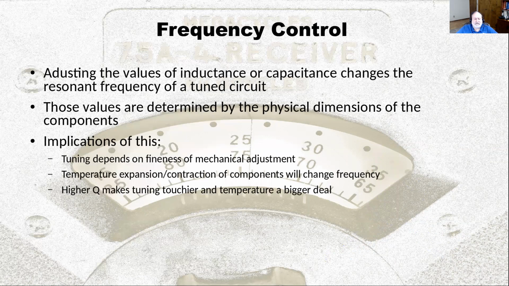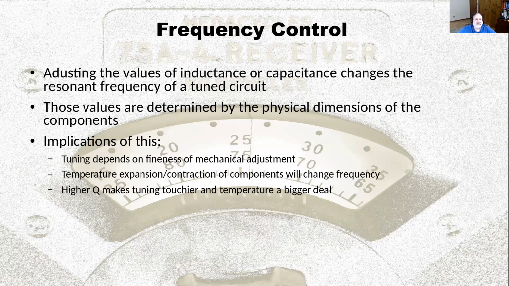Now, tuned circuits and oscillators are used for frequency control. Adjusting the values of the inductance or the capacitance lets you tune the circuit and change the resonant frequency. The values of inductance and capacitance are determined by the physical dimensions of the components, the number of turns on the coil, the diameter of the coil, the size of the plates, and the spacing between them in a capacitor.